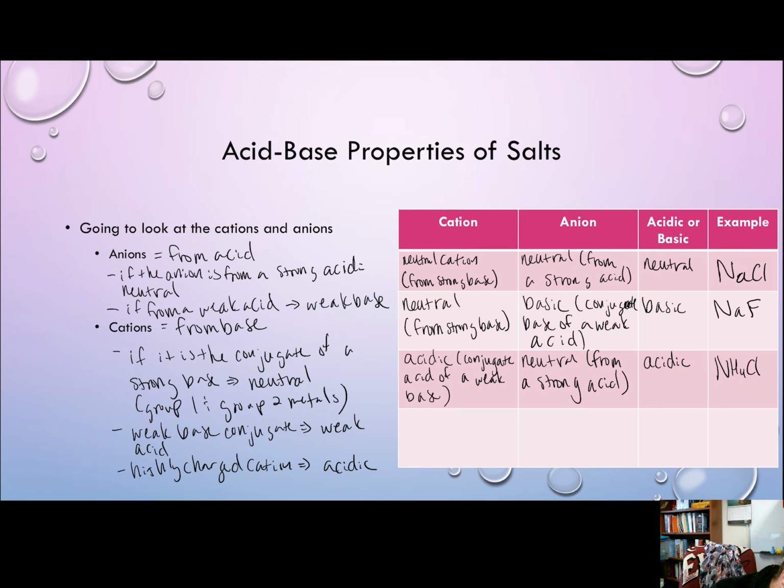If we have an acidic cation from a weak base, and a basic anion from a weak acid, the acidity or basicity will depend on Ka and Kb values.